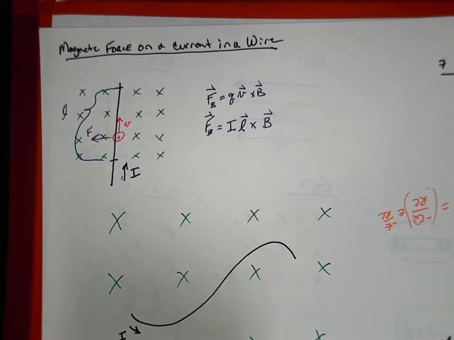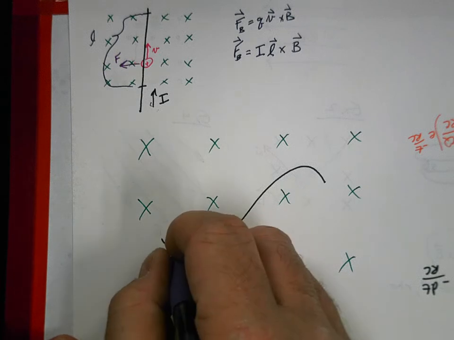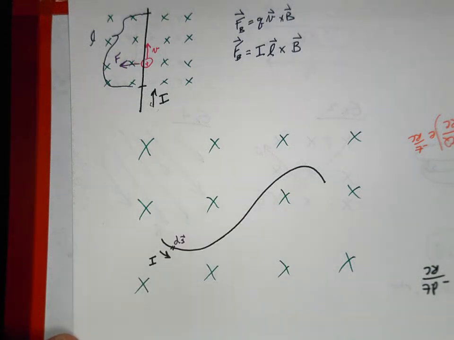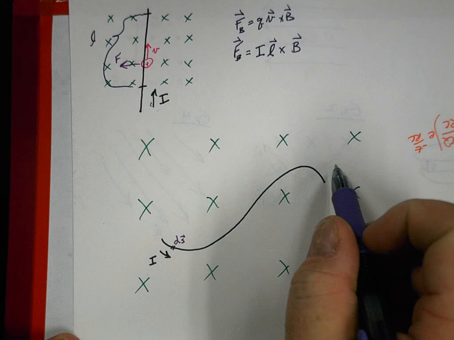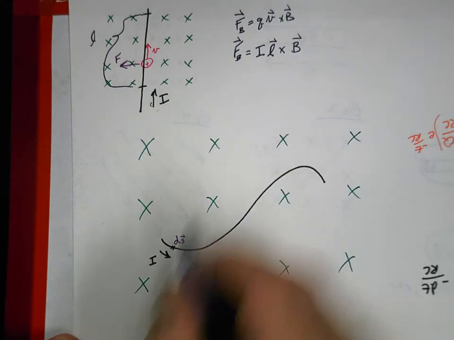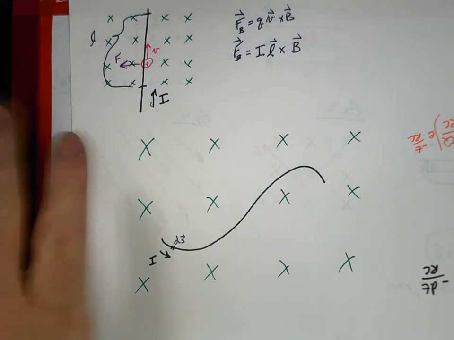Right up in this piece, this little current is going to move a ds along that wire. As we curl along this wire, this ds, instead of being a length, now becomes an infinitesimal length, right? And we can sum them all up.